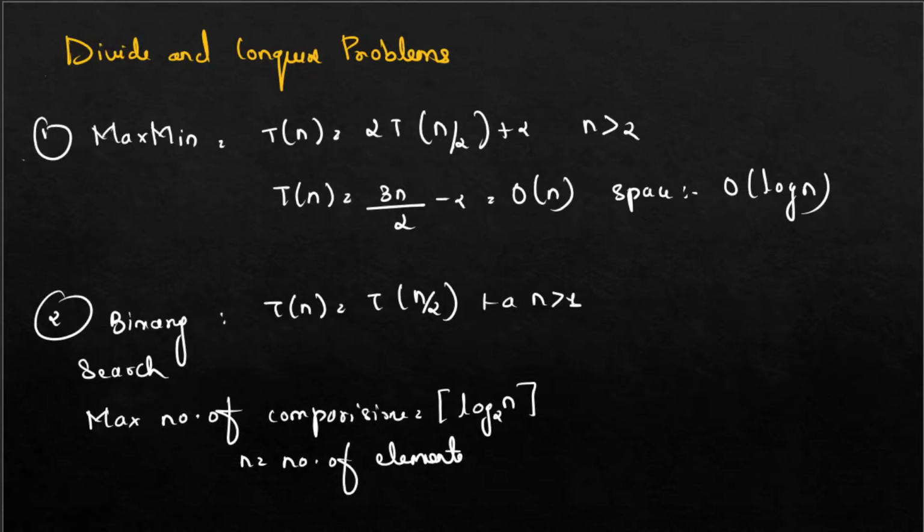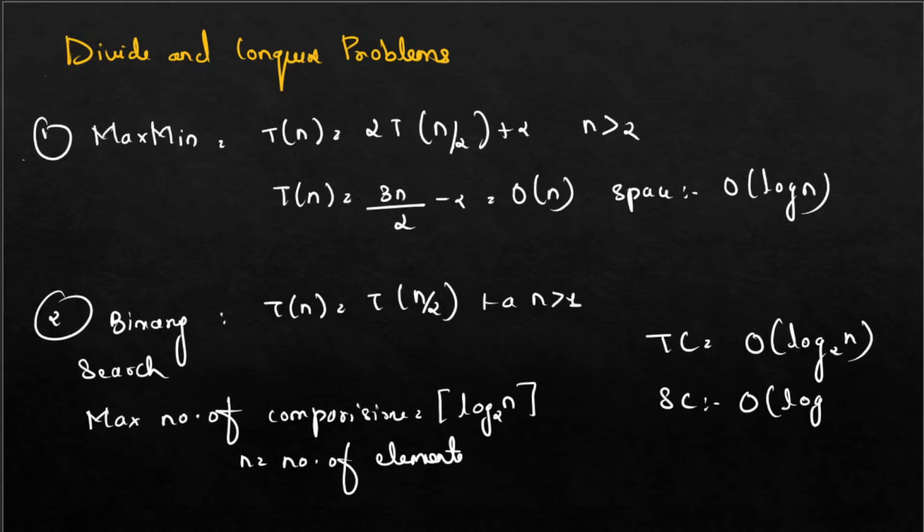So time complexity will be big O of log base 2 of n. Space complexity will be big O of log n. And this is for recursive.